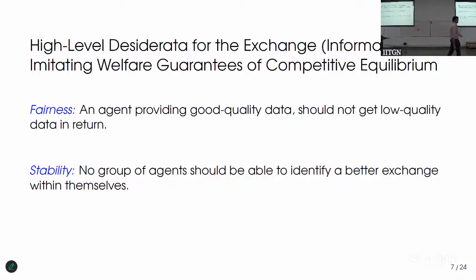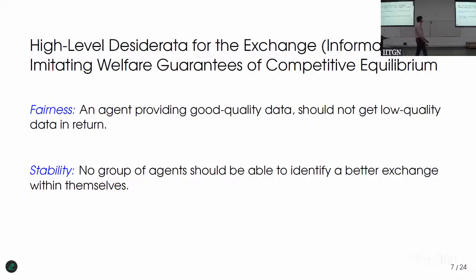In its most generality, a competitive equilibrium in an exchange economy satisfies two guarantees, fairness and welfare guarantees. It's just that these guarantees are expressed in terms of the competitive prices, and we may not do that for our economy, but at least we want to imitate the fairness and efficiency guarantees in their most generality.